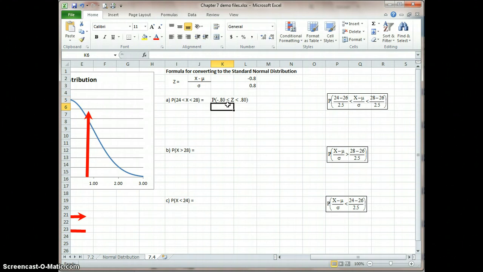And so now we have the options for doing this calculation.